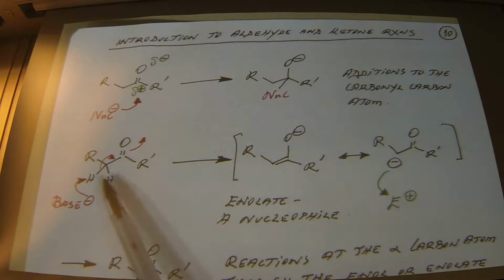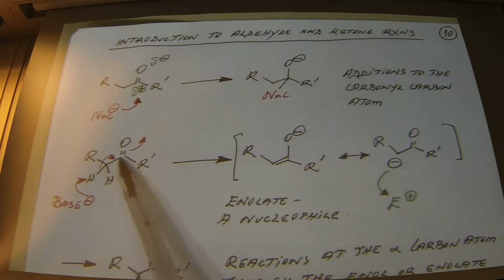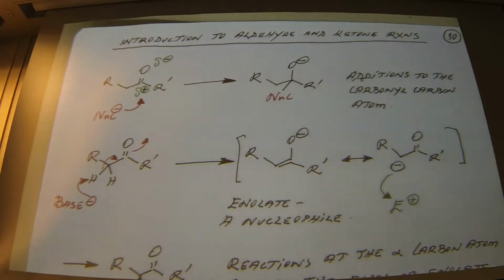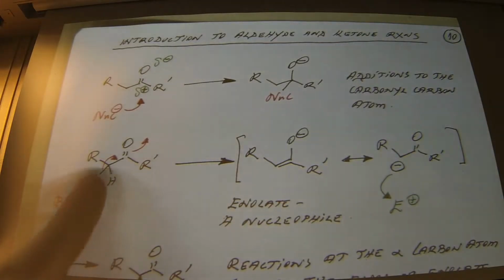And then bases will pull off the alpha proton. Now, of course, this requires, I should say, that the carbonyl compound have an alpha proton. So this kind of reactivity is not something you're going to see with a ketone like this, for example.